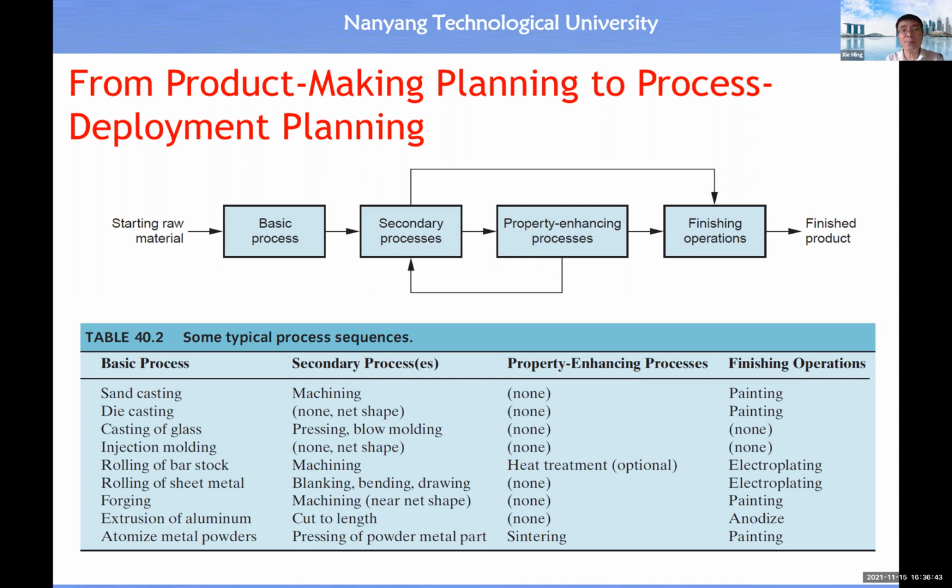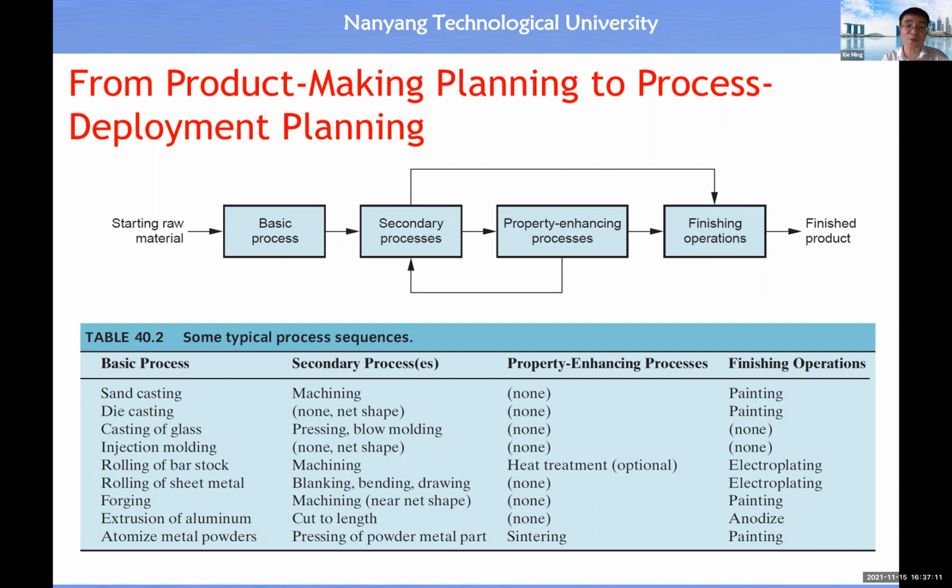What will be the secondary process to produce this part? What will be the property enhancing process? What will be the finishing operation? Then we must come out with a table with these columns. All right, then we tick. Maybe for some parts we just do the basic process, without these subsequent processes, etc. So you see, for each part we must come out with such a table.